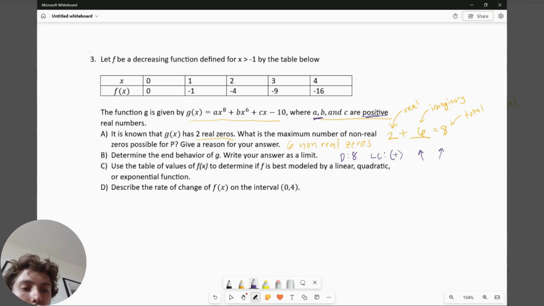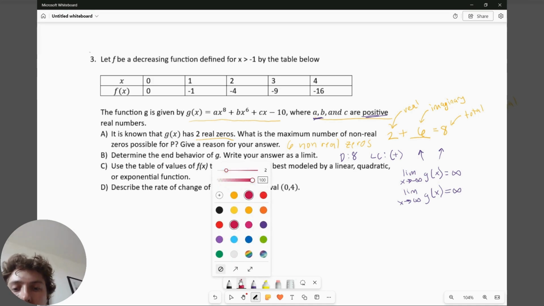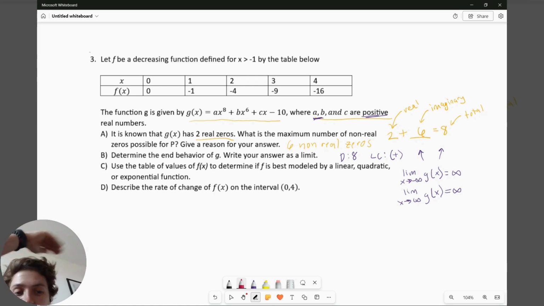And then from there, we could just go ahead and write both of our limits. The left side we said is going up, and the right side as well we said is going up towards infinity.